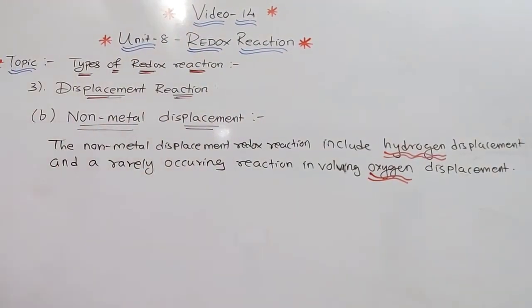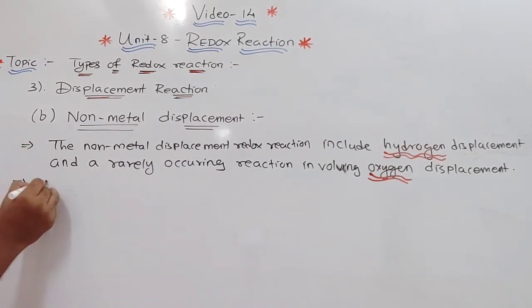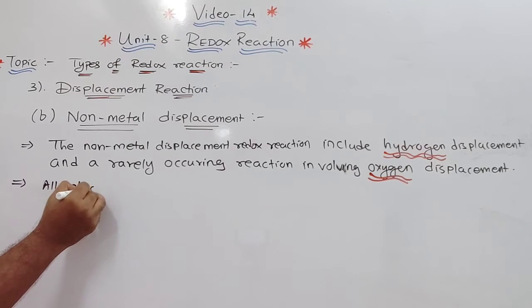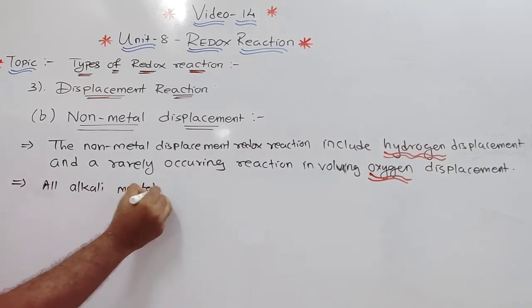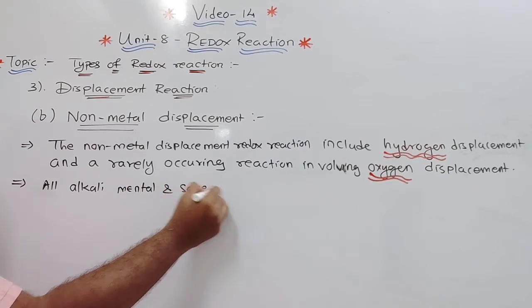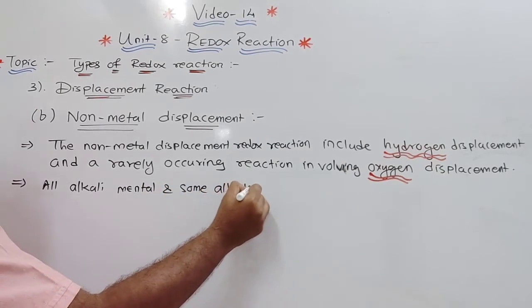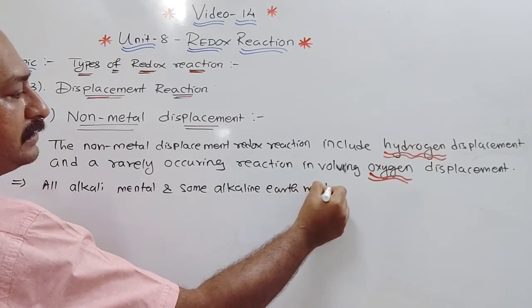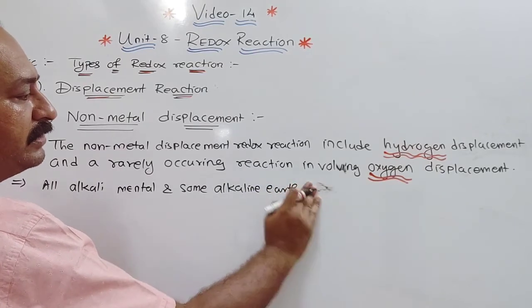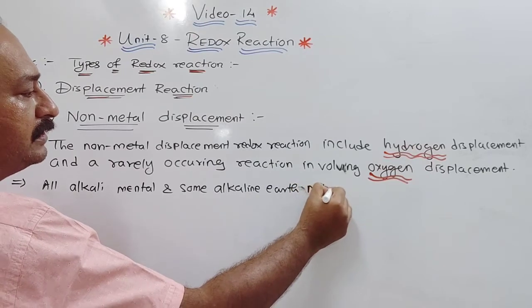Now for this we will see the first one, that is all alkali metals and some alkaline earth metals. Now what are alkali metals and alkaline earth metals?